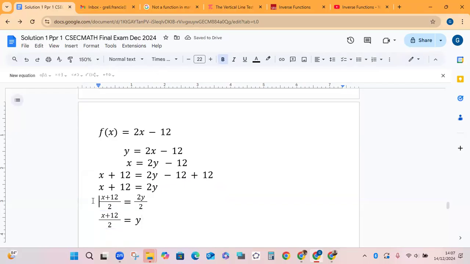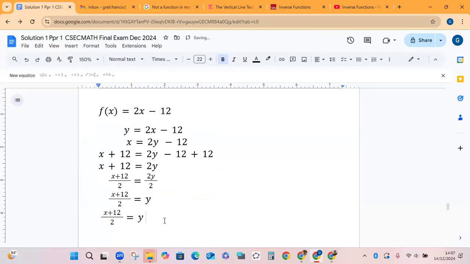One last step now is to replace y with f inverse of x. Final step. F inverse of x. And that's how you find the inverse of a function.